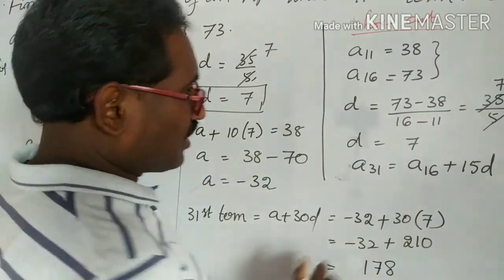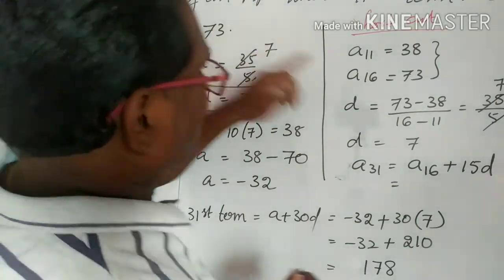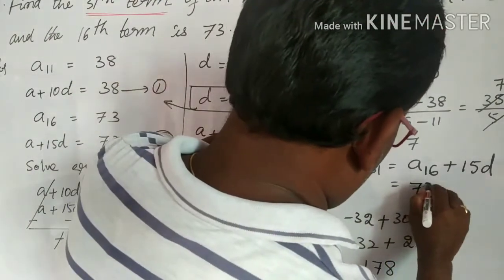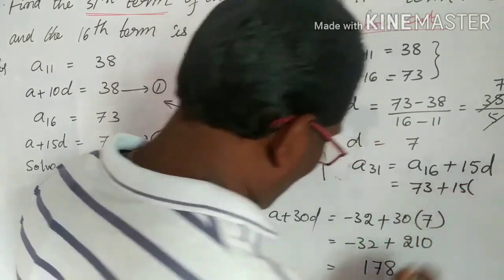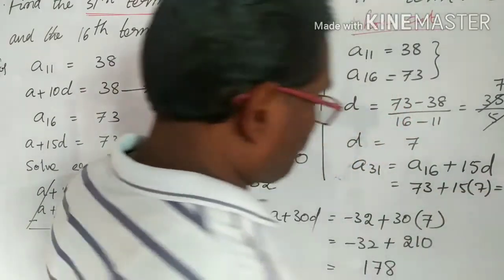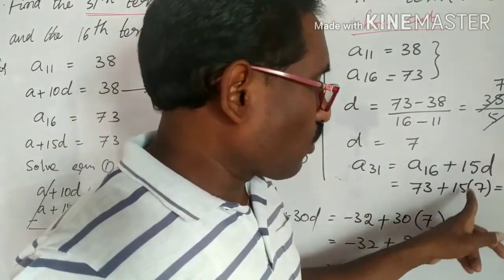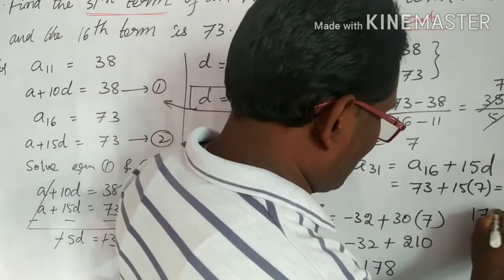Don't confuse. Now, 16th term value, how much is given here? 16th term, 73. Plus 15D, 15 into D value, how much? We got 7. Here see, 15 sevens are how much? 105. 105 plus 73, 178.